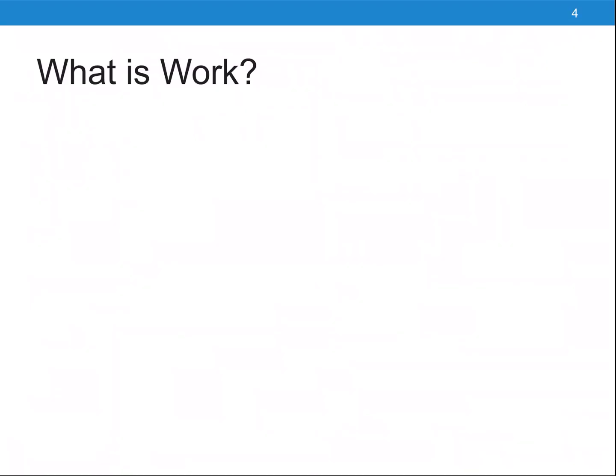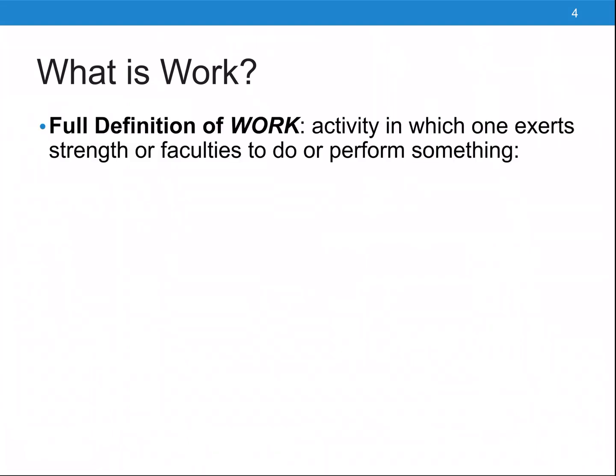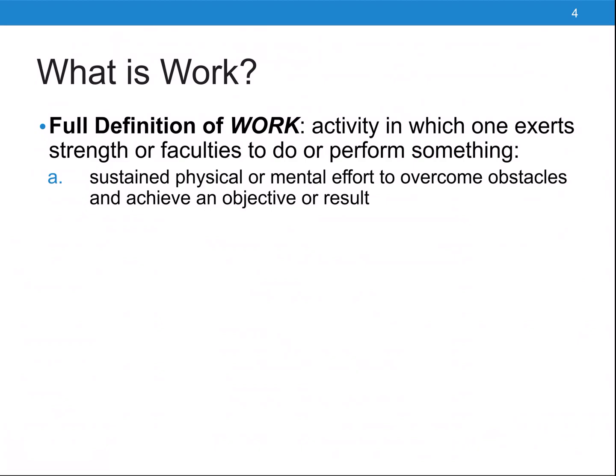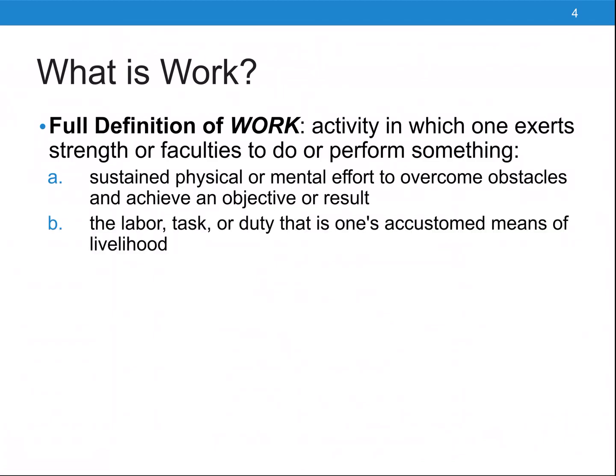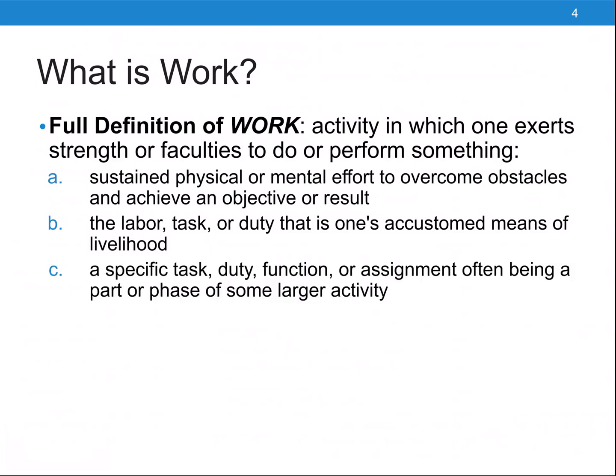Okay, so what is work? Well, the Merriam-Webster definition of work is an activity in which one exerts strength to perform a physical task, a mental task, or mental effort, any type of labor, task, duty.